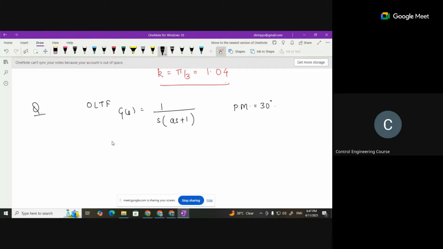What is the magnitude you're getting at the gain crossover frequency?